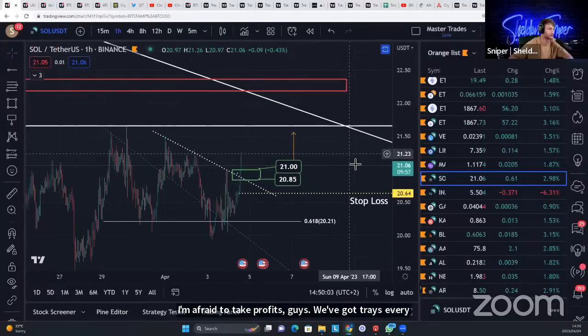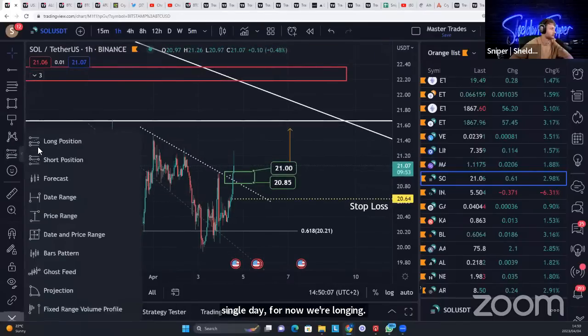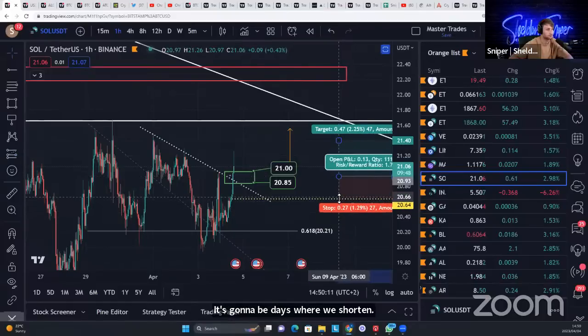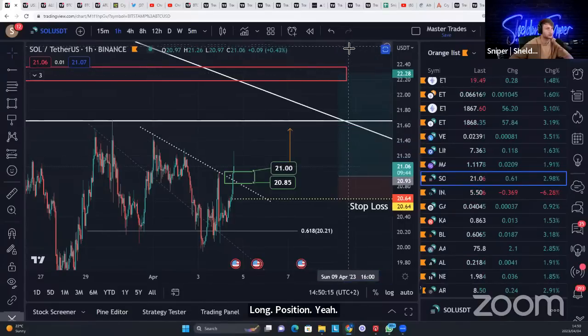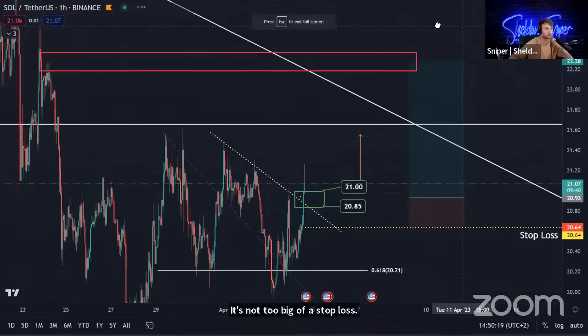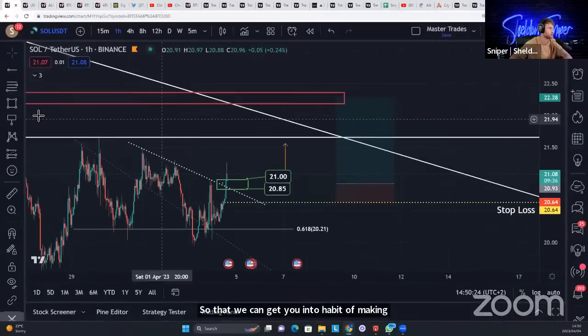For now, we're longing. There's going to be days where we're shorting. Long position. It's not too big of a stop loss. Let's take a smaller trade for this one so that we can get you into a habit of making gains. Okay, let's quickly put this up.